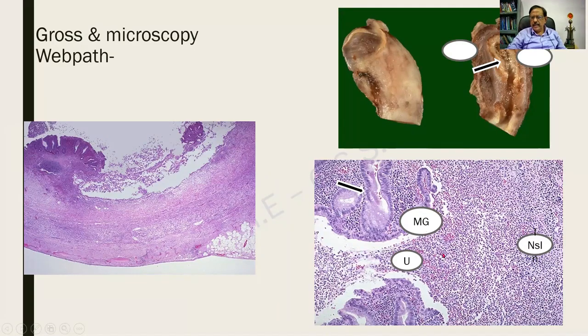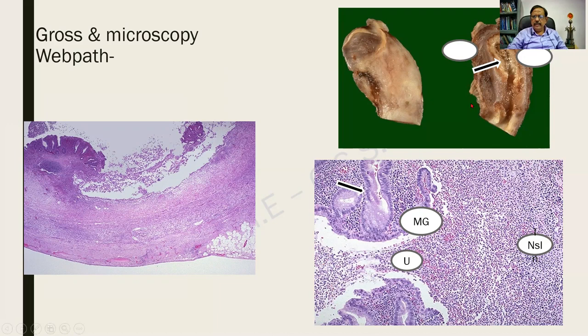And the neutrophils are involving the entire thickness of the section. And they are infiltrating the muscle also. And here it is a lumen that is also showing an inflammatory exudate. So these are the features. I am repeating: mucosa with ulceration, neutrophils extending into the muscular layer, and the exudate spilling over into the lumen.